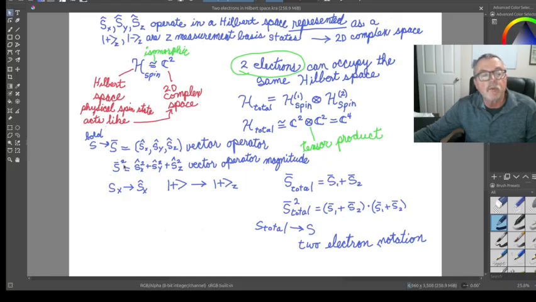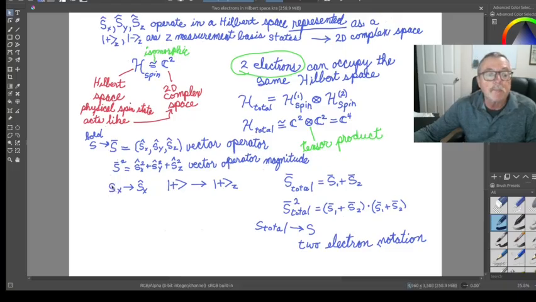And if we square that value, we can get the vector operator magnitude just like we would with a regular vector. Now, to keep the notation simple, when I use S, we're talking spin all the time.